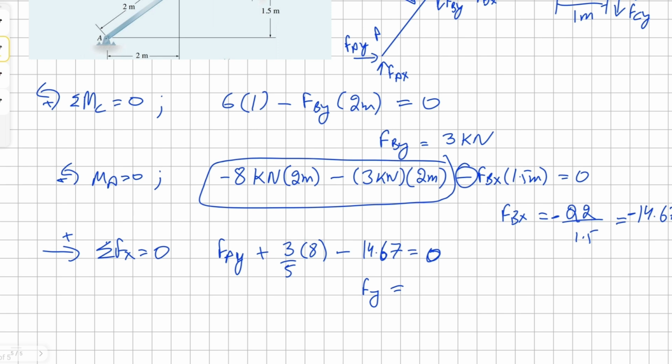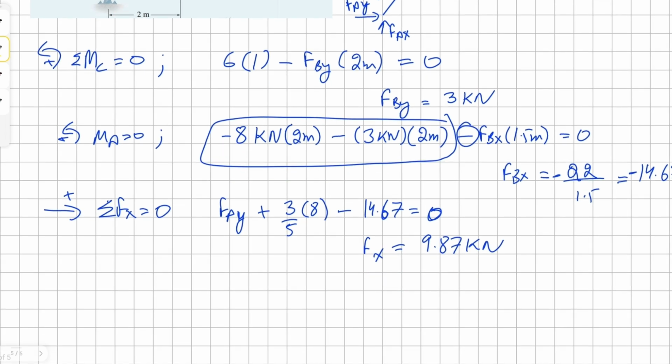Solving this, we get 8 times 3 is 24 divided by 5, minus 14.67, and we get 9.87 kilonewton as our value for Fax. So we have found the value of Fax.